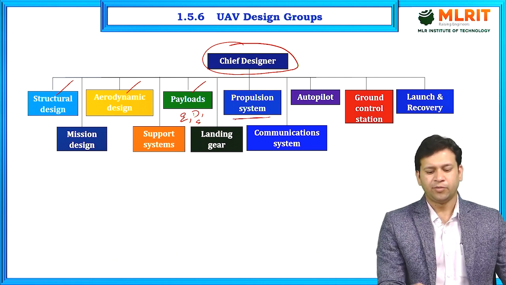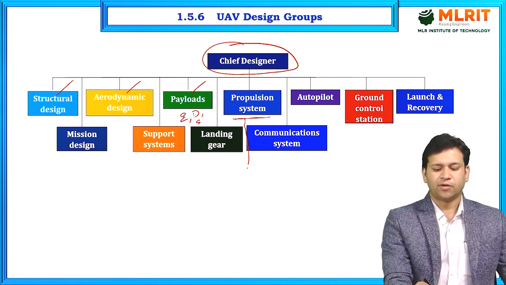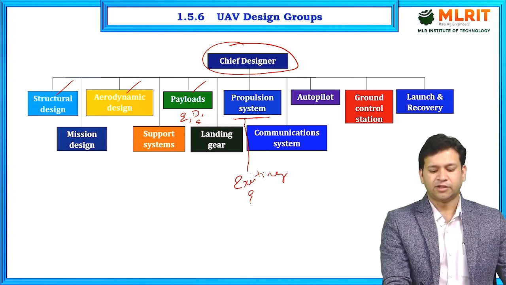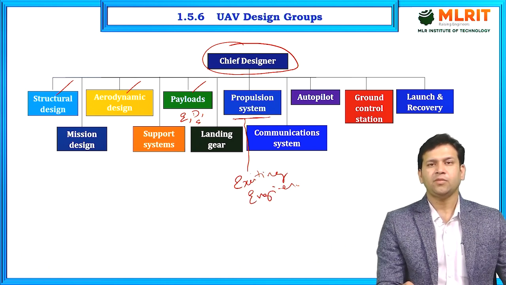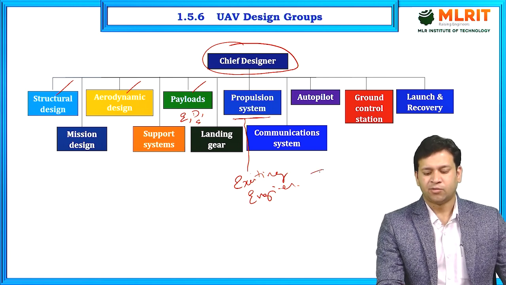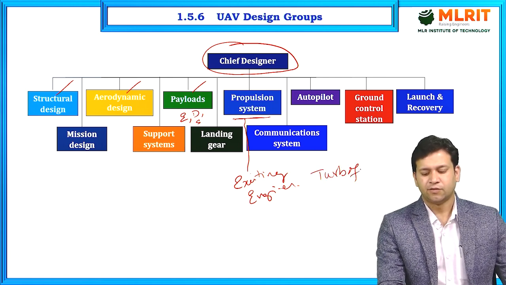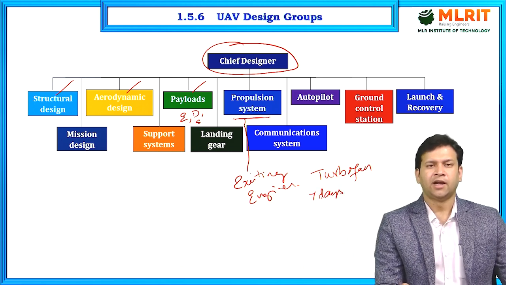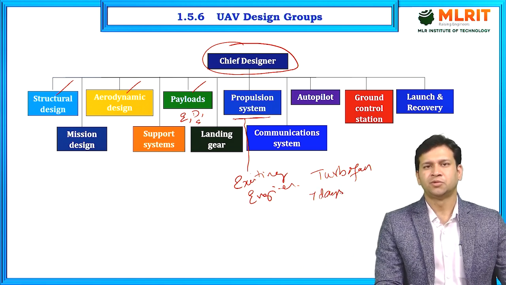Propulsion system will be chosen from the existing engines. For example, if the design requires a turbofan engine for its mission to carry for 7 days, then an existing turbofan engine will be chosen.